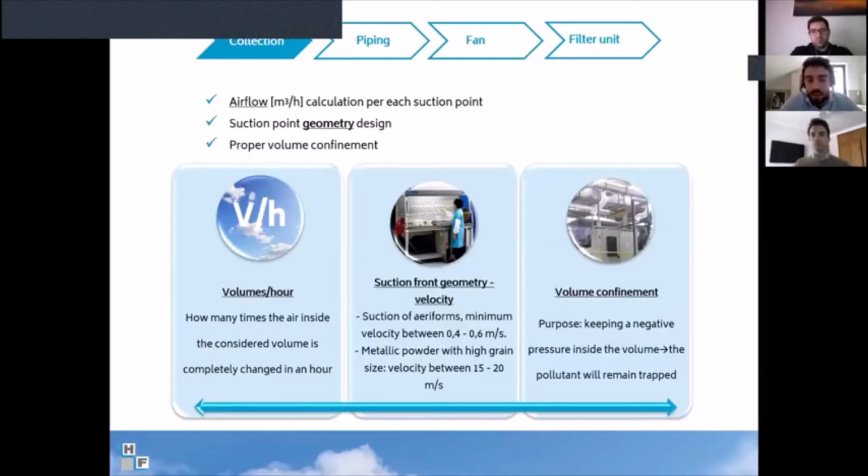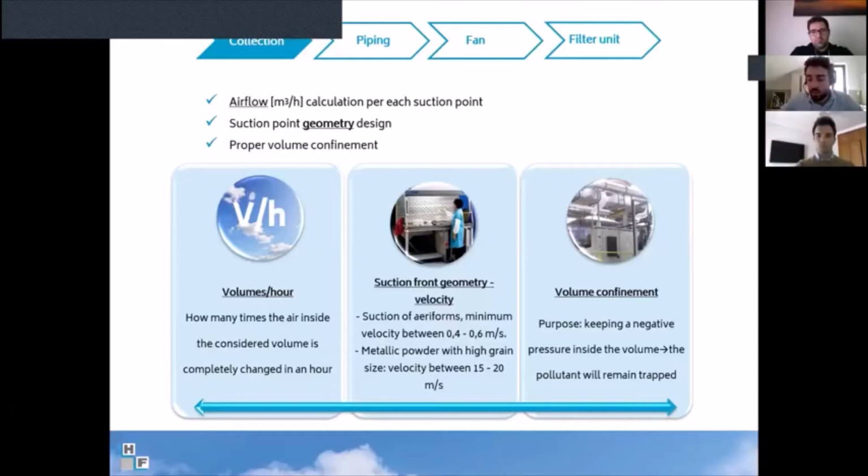And the third thing is the volume confinement. It's very, very important to guarantee negative pressure in the area where we install a suction point. This is because with the negative pressure in the area, we are quite sure that the pollutant doesn't go outside this area and is collected in a short time by the filtration system.